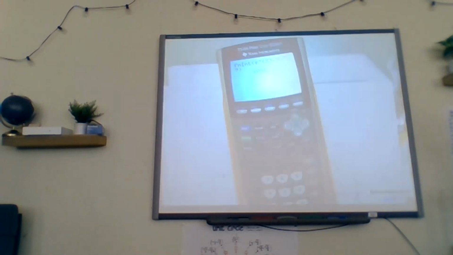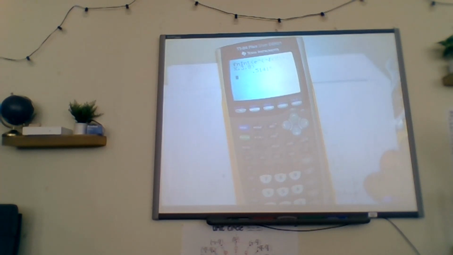Okay, according to my calculations, the integral of e to the negative square root of x with respect to x between 3 and 8, I missed the parenthesis, is that much.